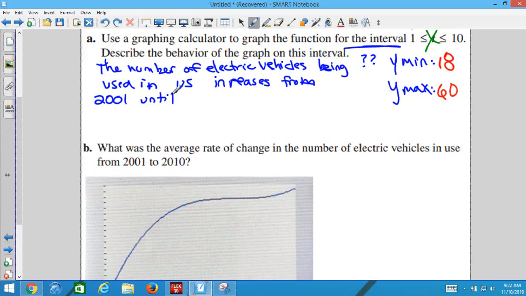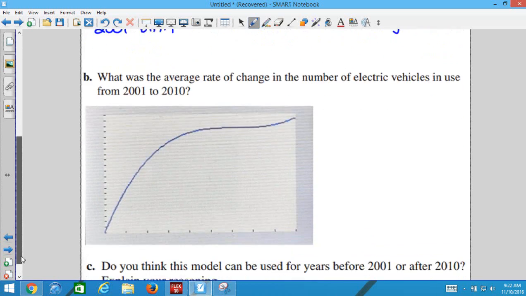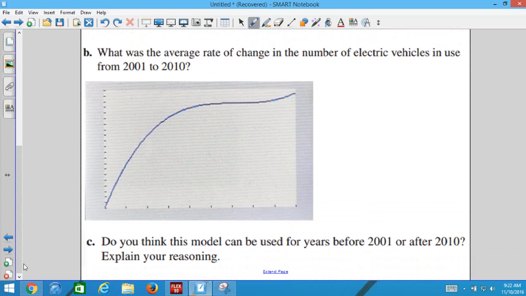Okay, so it's increasing, and it's not just straight increasing the whole time. It's increasing till about when? About here maybe? What years? 2001, 2, 3, 4, 5, 6? Maybe to about 2006?